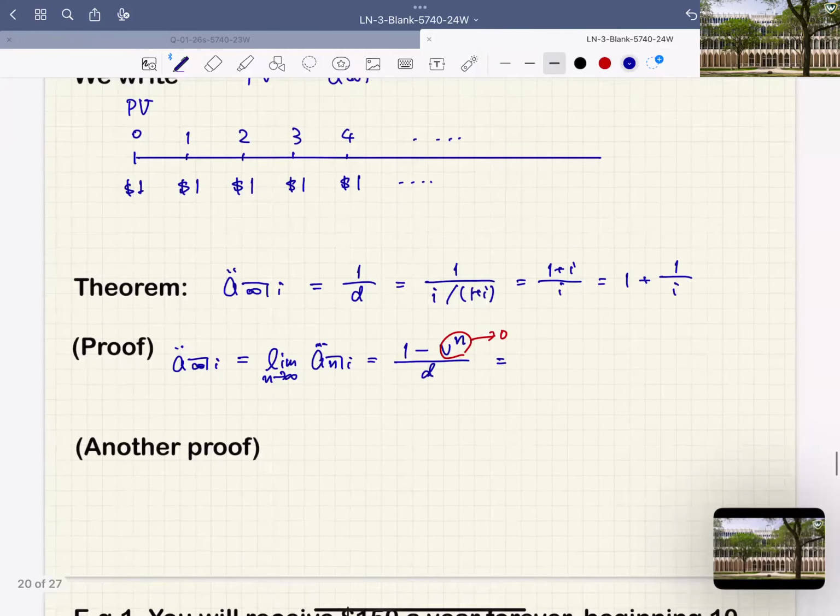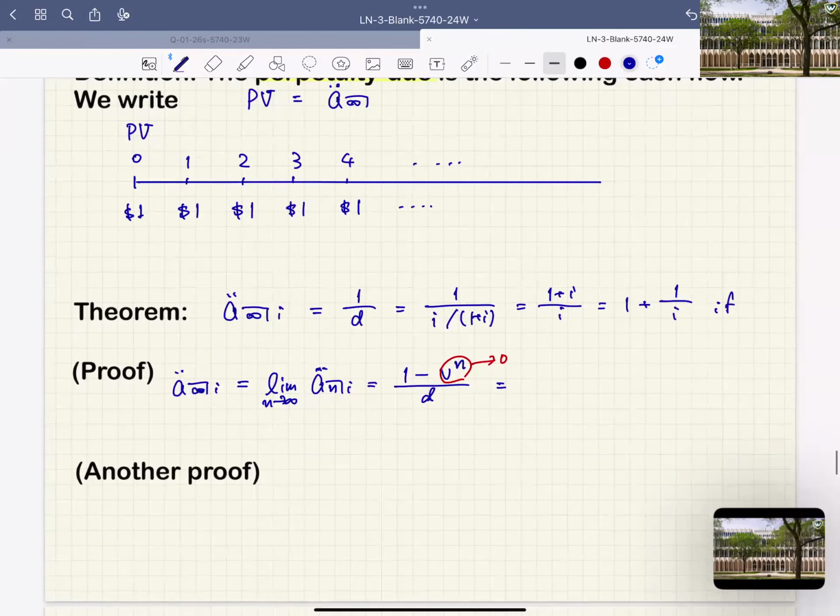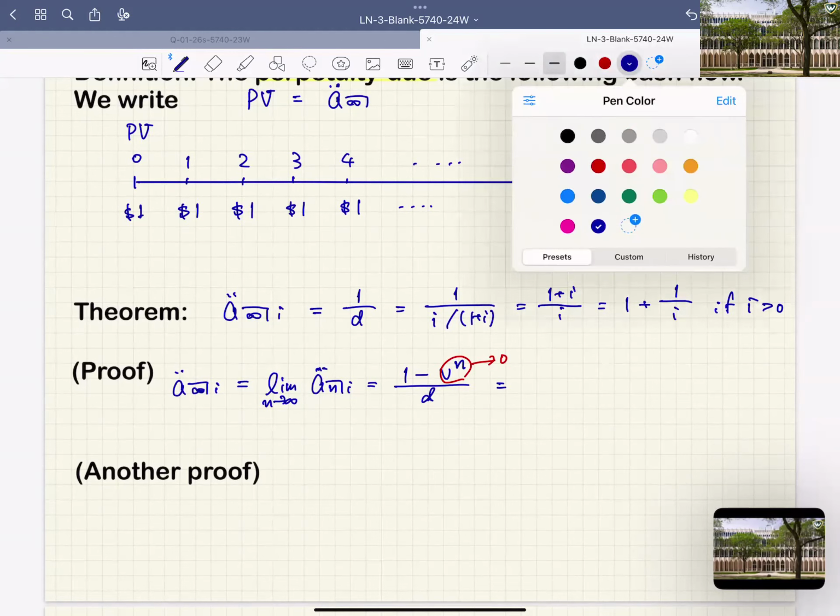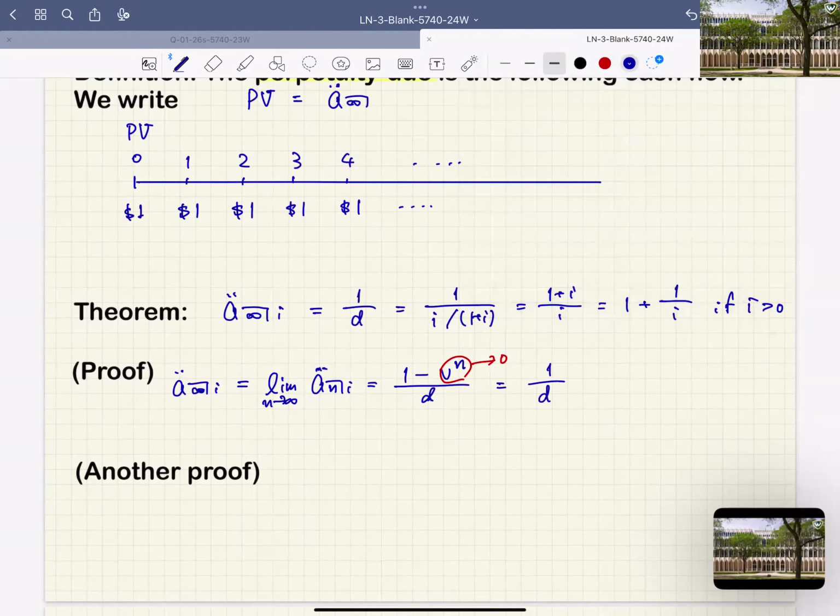So if i is positive, v to the power n goes to 0, as seen in the previous slide. So this is 1 over d. Again, remember that v is equal to 1 over 1 plus i, and v plus d is equal to 1, so d is equal to i over 1 plus i. So this is the relationship between i, v, and d.